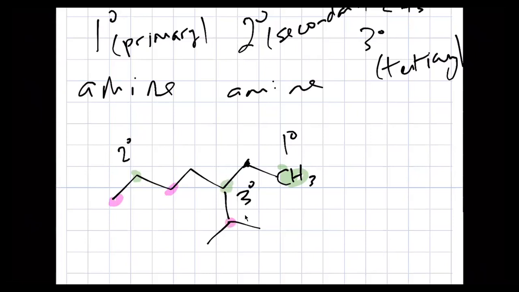It's got a carbon bonded to it here, 1 here, and 1 here, so it's tertiary. Great question. I'm glad you asked that. So primary, secondary, and tertiary really points to the number of groups that are attached to a particular carbon or another atom like nitrogen.